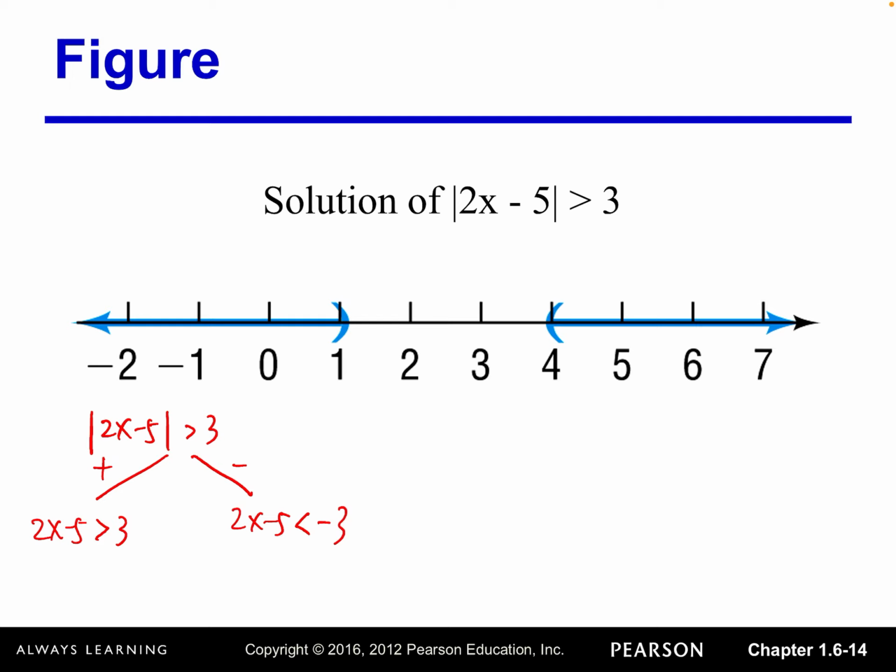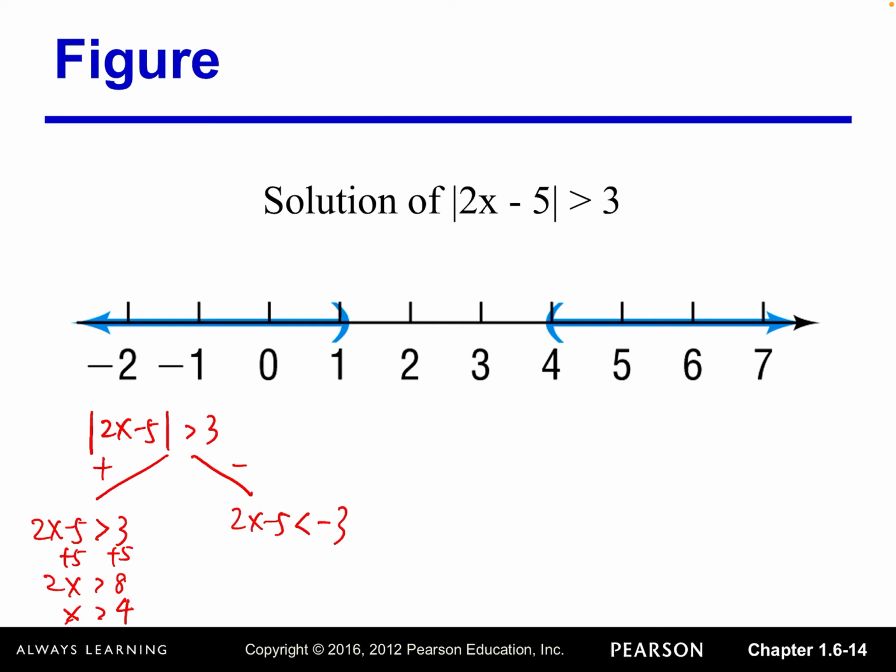Then we solve these two single inequalities individually. This time it's not a combined inequality anymore. Add 5 on both sides: 2x greater than 8. Divided by 2, x greater than 4.